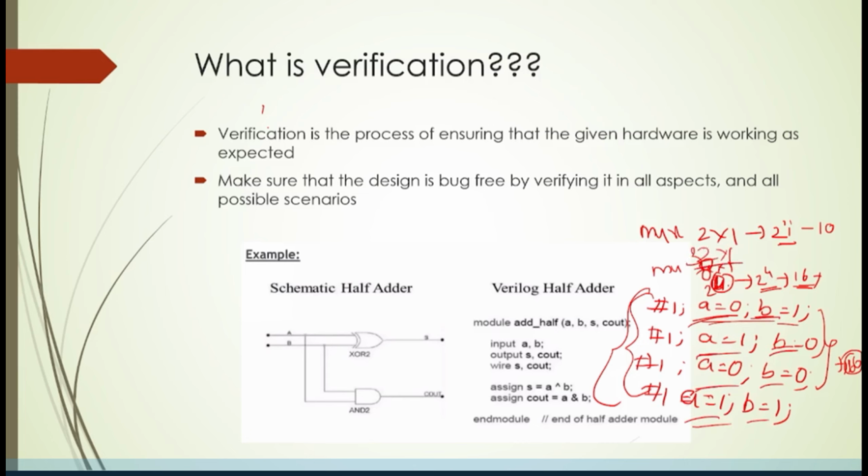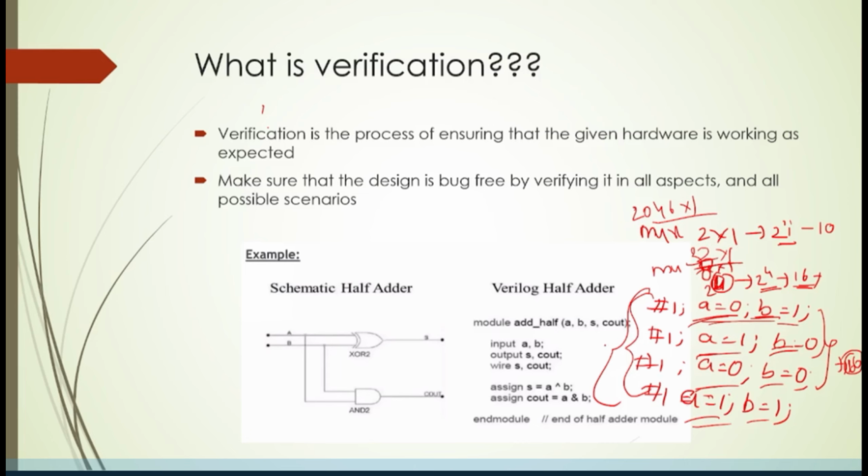It is possible, but doesn't it take time? If it is not 32 by 1, if it is some 2046 by 1 mux, then how many input selection lines you'll be having, how many possible values you need to send? Is it manually possible to send all these values? No. Did you get my point here?